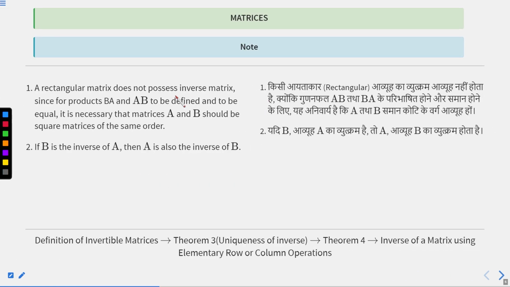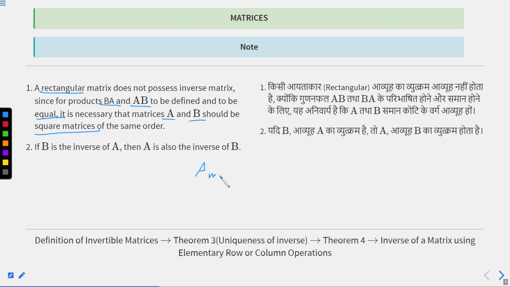Now note, a rectangular matrix does not possess an inverse matrix. As we already said in our definition, we want our matrix to be square, not rectangular. Since for the products BA and AB to be defined and equal, it is necessary that A and B should be square matrices.